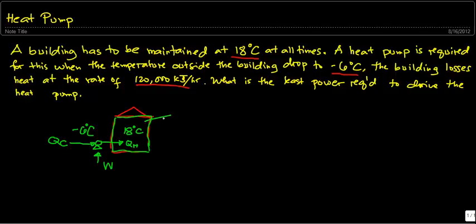Paingon na siya sa gawas. So kana nga heat nga gi-release sa building has a value of 120,000 kilojoules per hour. Meaning, to maintain this building at 18, dapat kining amount na gina-release ma-compensate. Meaning, mao na dapat ang value sa QH nga gina-supply.